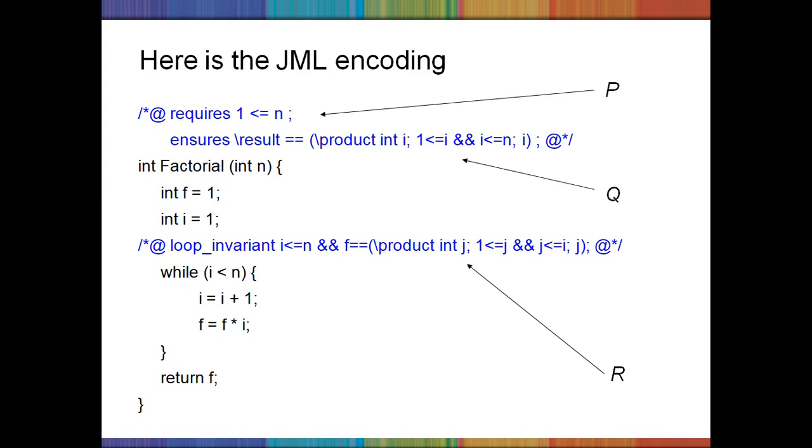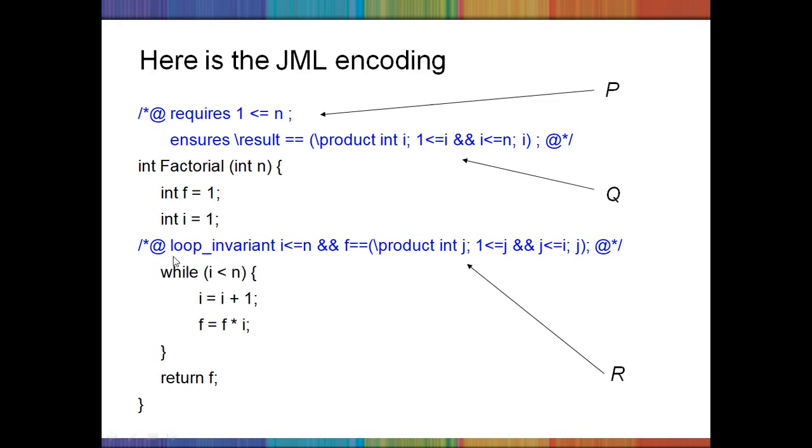Factorial means all the n values from n to 1 should be multiplied. That is n into n minus 1 into, like that. So that is the reason here it ensures the result is equal to the product of integer I from I equal to 1 to I less than or equal to n, and the resultant product will be returned to the result. This is what is called Q.